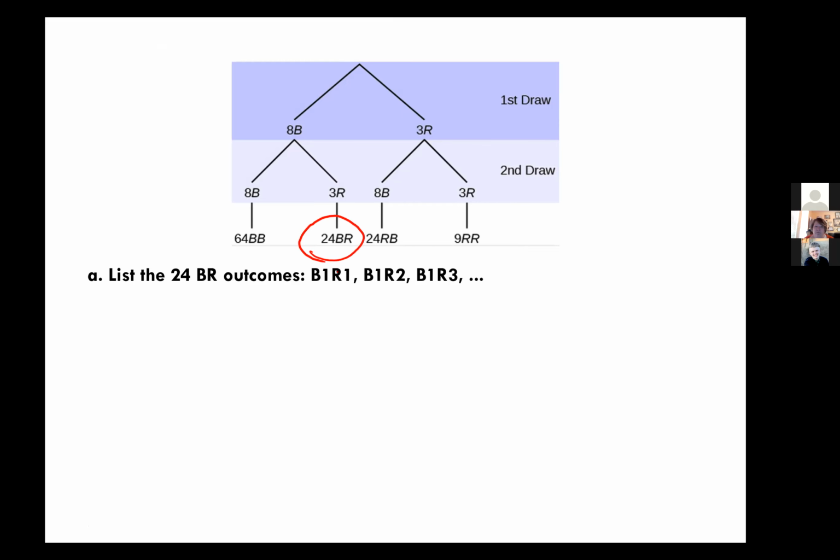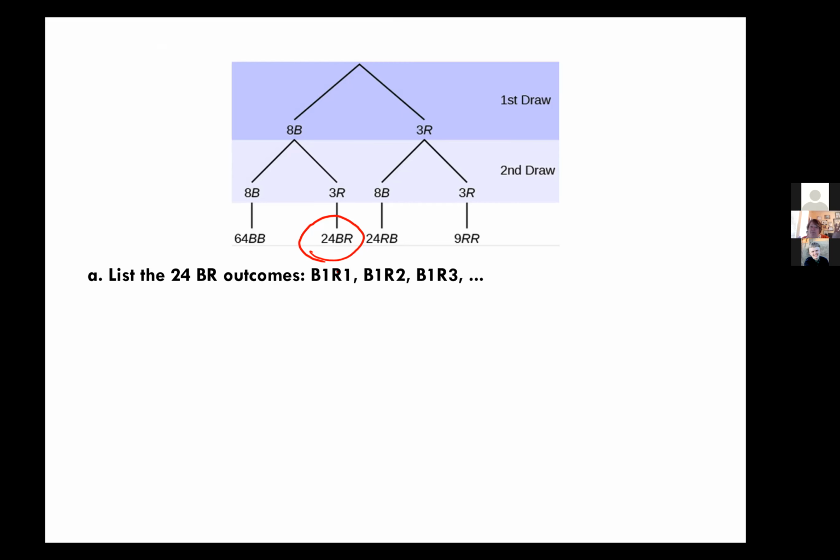Or the first draw is a blue, and then we draw again and we get a red. So in each of the possible 8 outcomes, we can get a red.